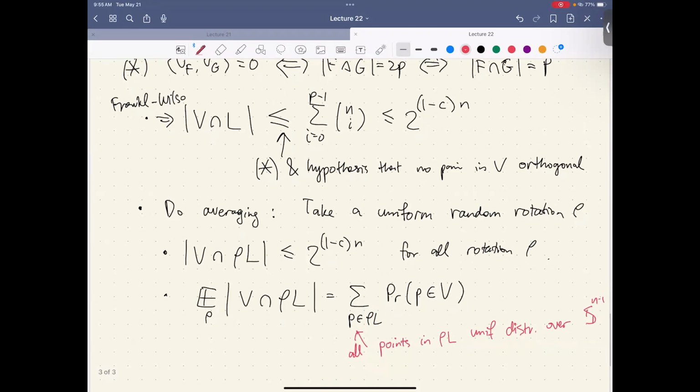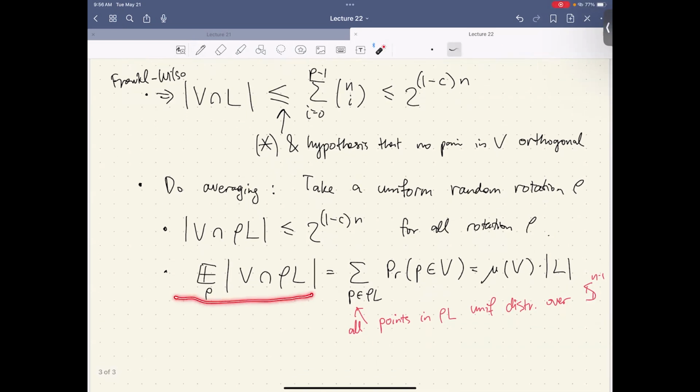What does that mean? That means the probability that a uniform random point lies in our particular set of vectors V is just the measure of this set, times the size of the set L. Okay. Now we are done.